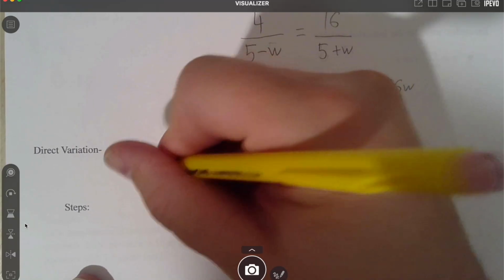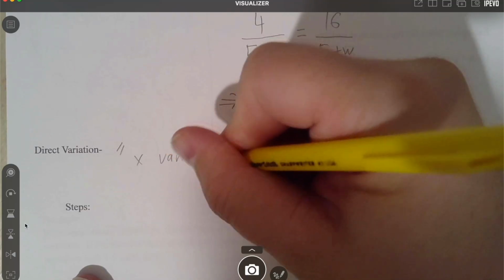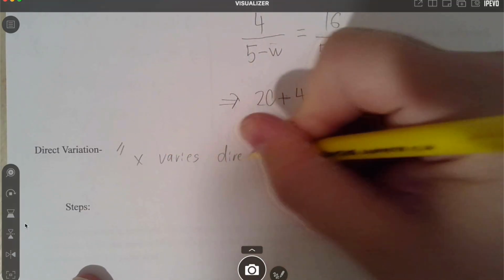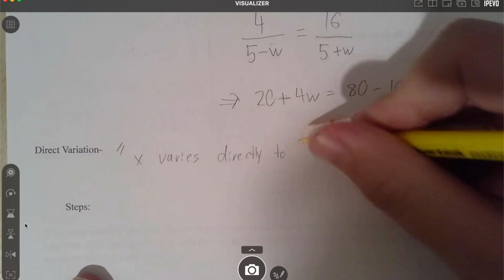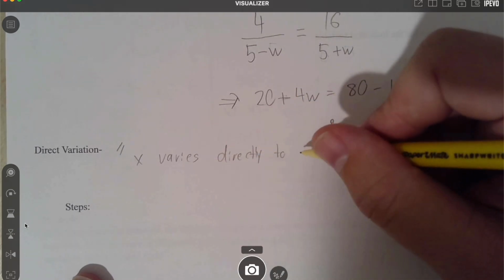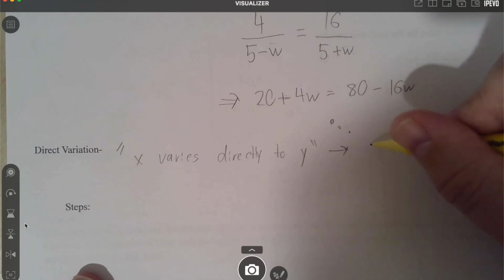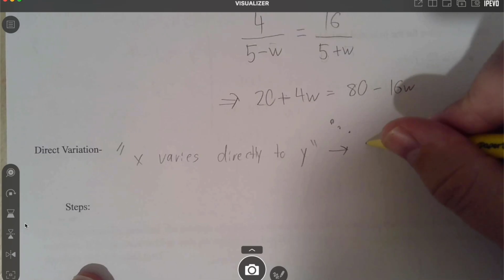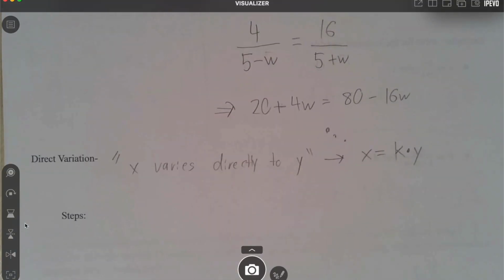If we say x varies directly, sometimes we say to or as, or directly to y, what that translates to is that x is equal to k times y.